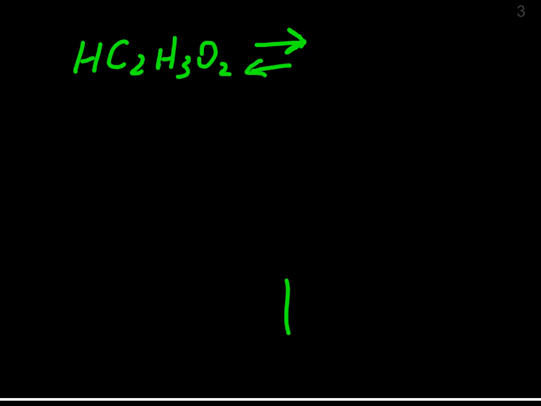Now let me show you what you do when it's a weak acid. The weak acid I'll pick is acetic acid, HC2H3O2. It ionizes less than 100% because it is in equilibrium, so I give the two equilibrium arrows.